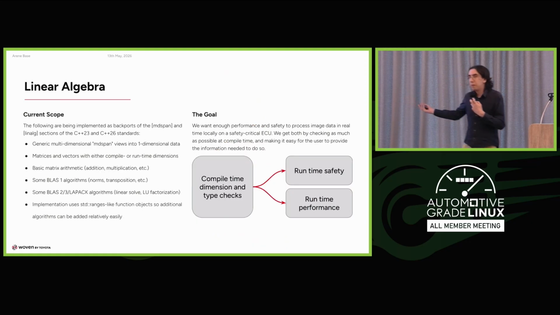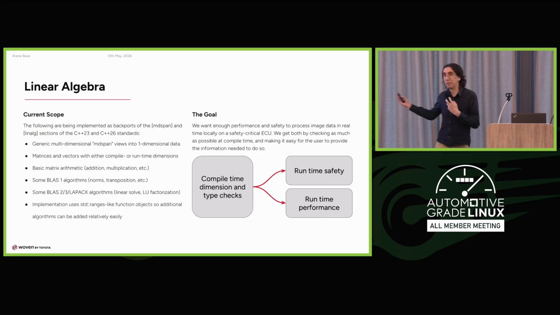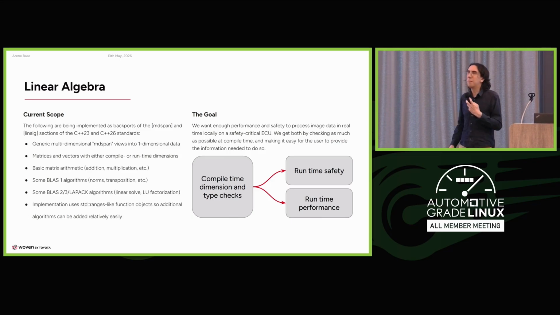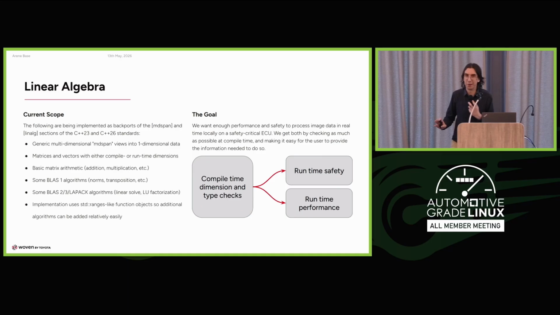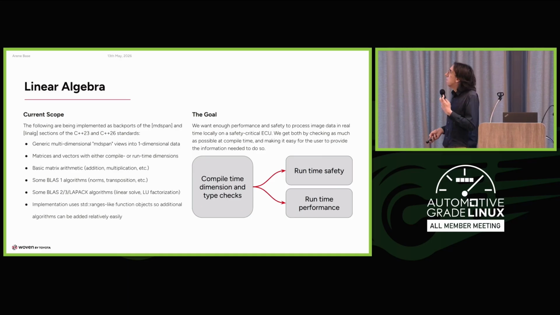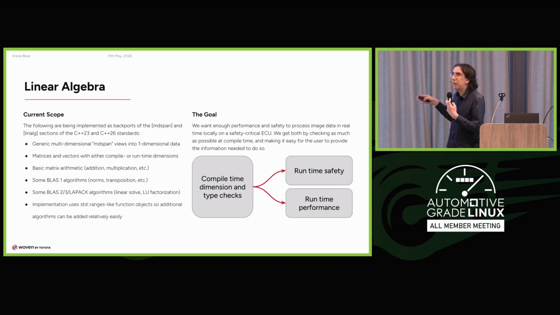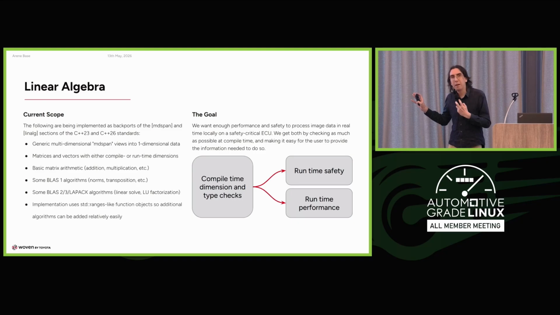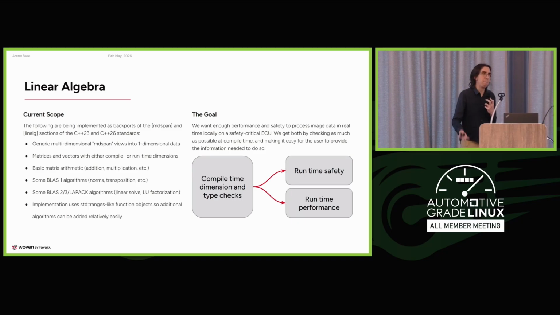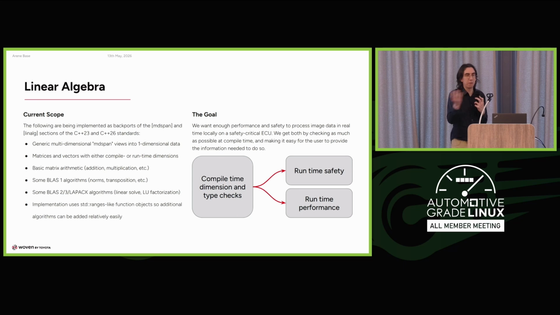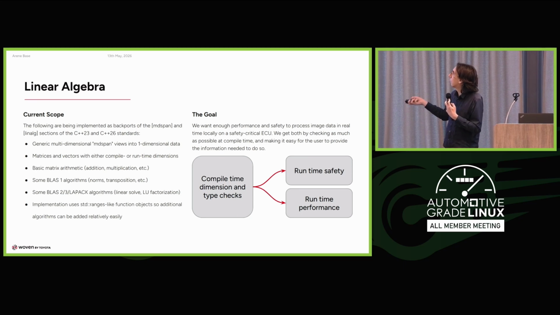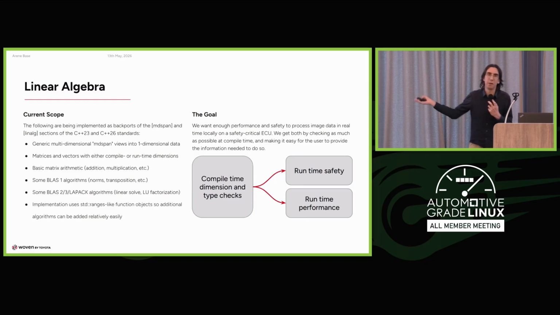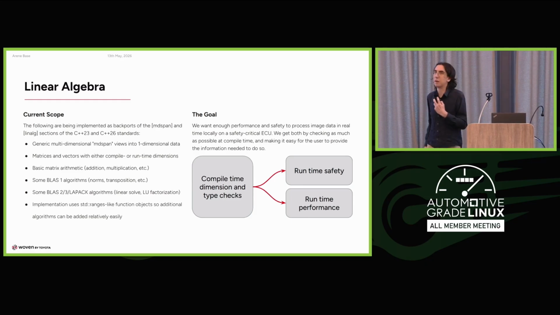Another neat feature that we have from future C++ is linear algebra. This is obviously a very big feature, so we're not going to provide everything here. But modern C++, like C++23 and 26, provide quite a bit of support for linear algebra. So this is matrices, vectors, addition, subtraction, multiplication, and then more complicated algorithms as well, like linear solve, LU factorization, this kind of thing.